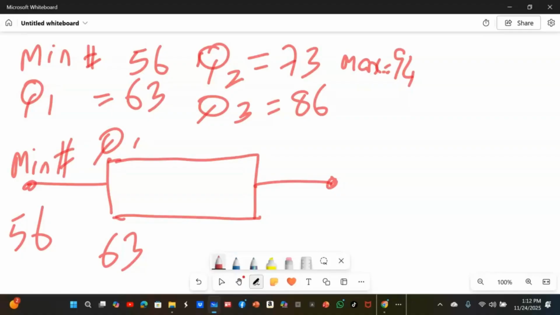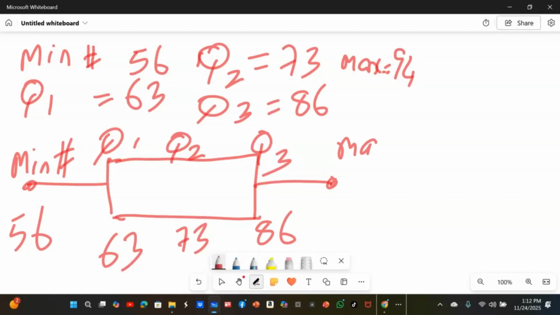And the second quartile, which is Q2, is 73. The third quartile of the test is 86. And the maximum number of that test is 94.